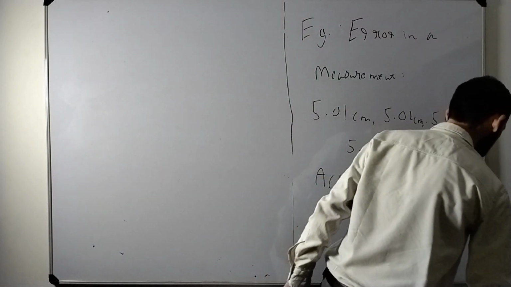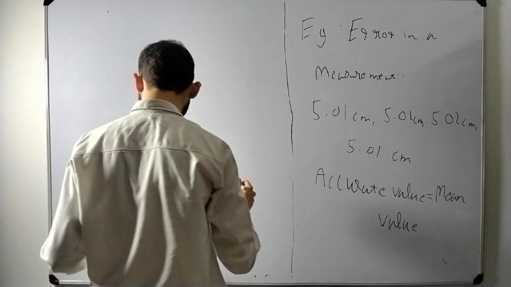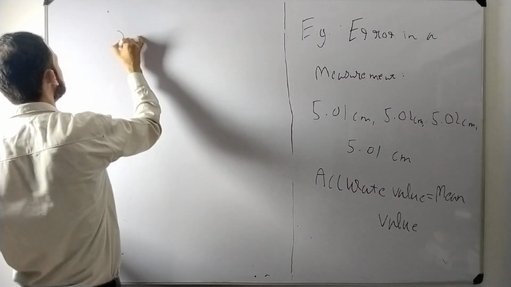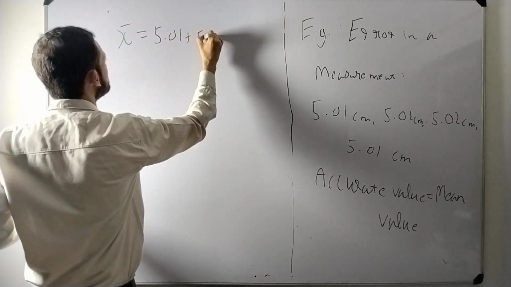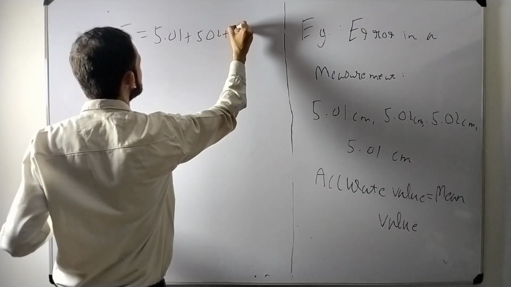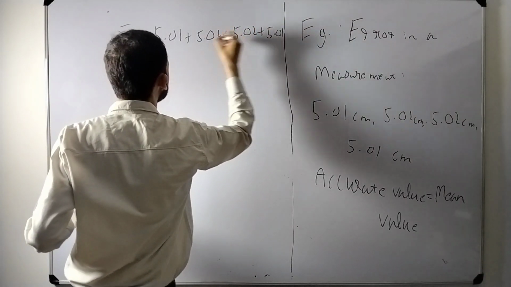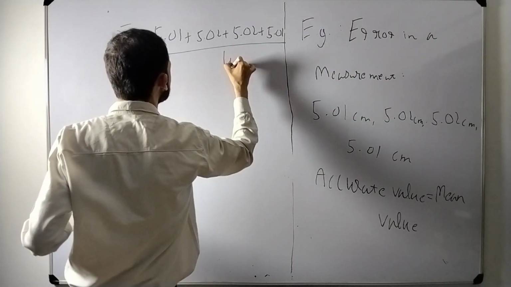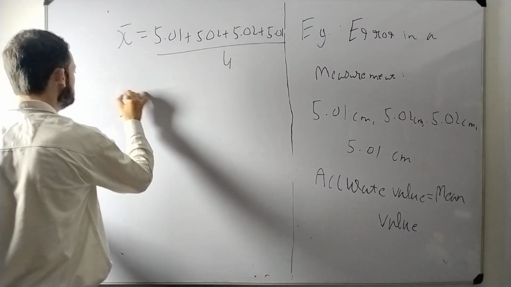We get it by summing the values and dividing by the number of observations. Yes, very good. So I would write x equals 5.01 plus 5.02 plus 5.02 plus 5.01 upon 4.